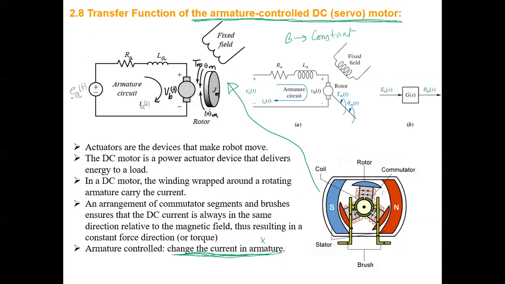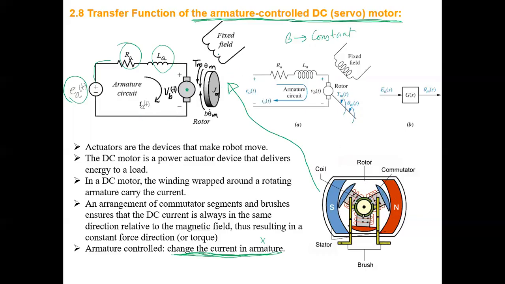You have the input voltage, ea(t), passing through the armature resistance, then the armature inductance. Then that passes through the motor, the rotor actually. This is the rotor.